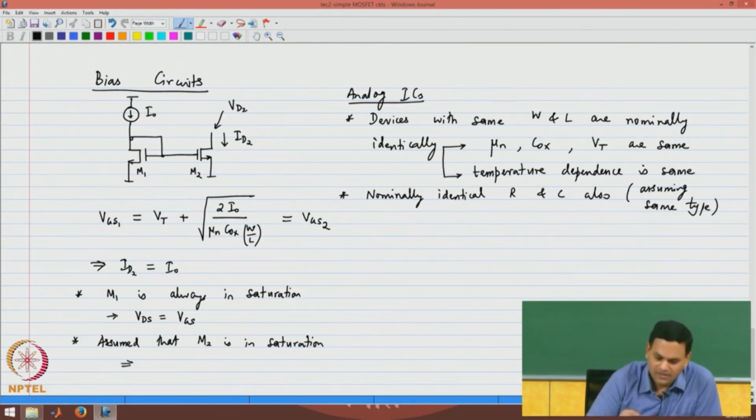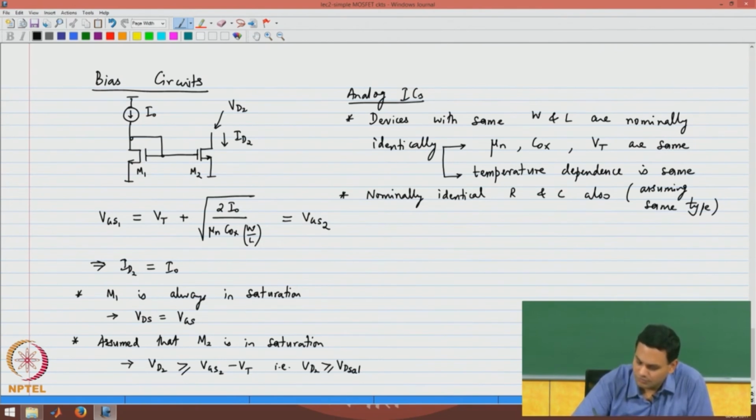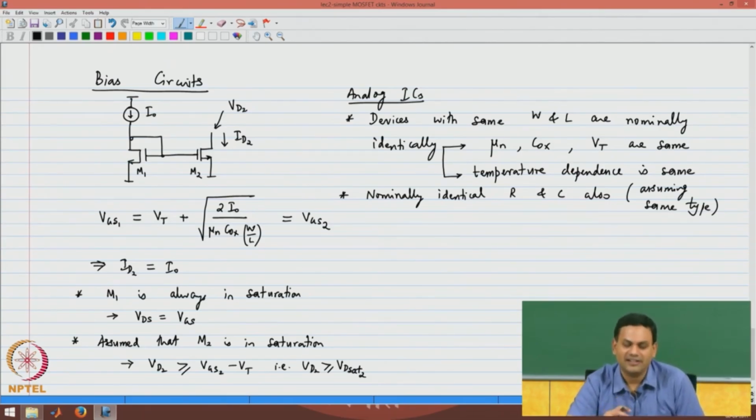So, this assumption is valid only if VD2 is larger than or equal to VGS2 minus VT, which happens to be the VD sat of the transistor. As long as the drain voltage is large enough to keep M2 in saturation, the output current, drain current ID2, will be nominally equal to I naught.